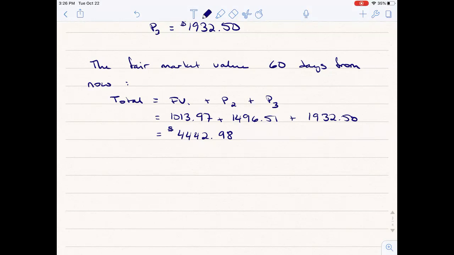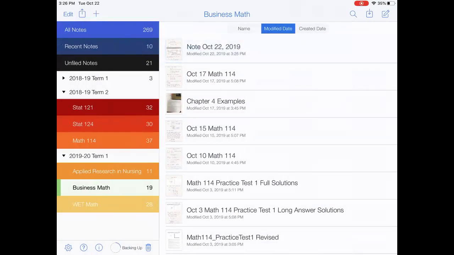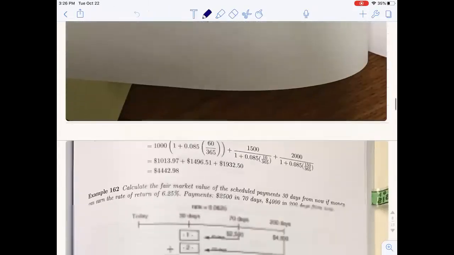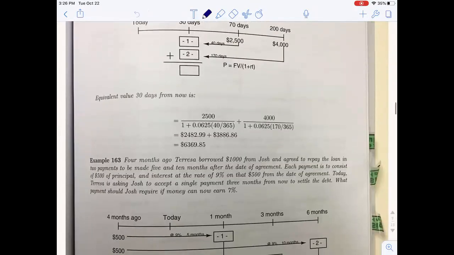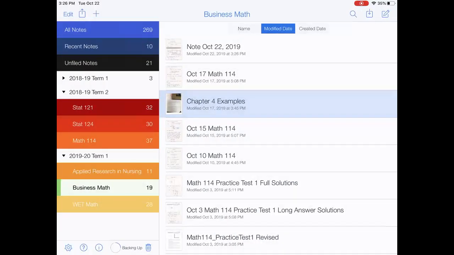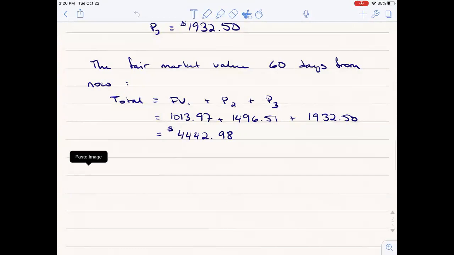All right, let's do another example. Example 163. This one's brand new.